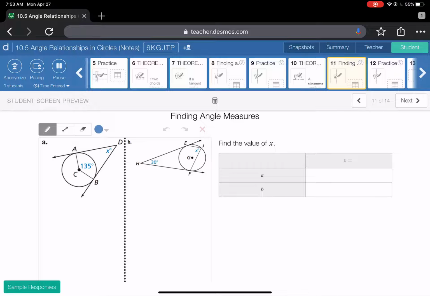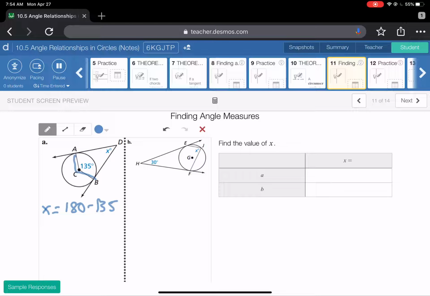All right, so let's try that on this problem here. The first one's going to be pretty easy. So we're going to do x is equal to 180 minus the measure of this angle here. So that's going to be 135.